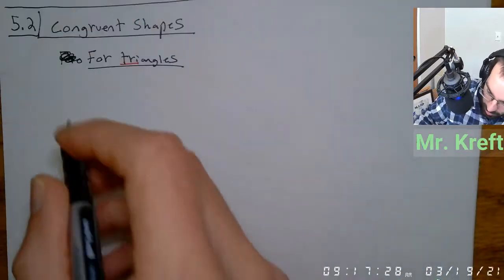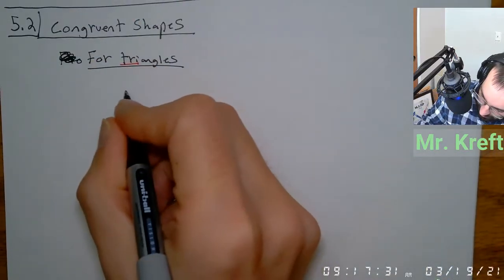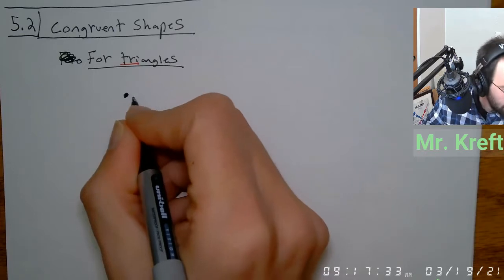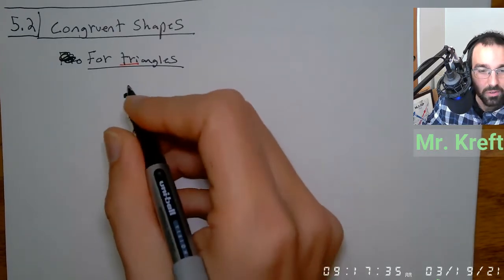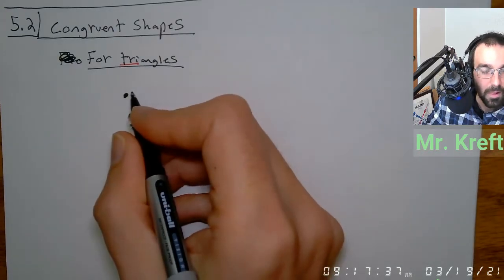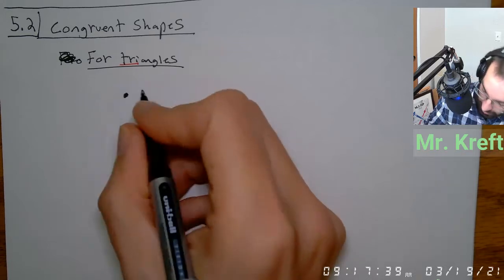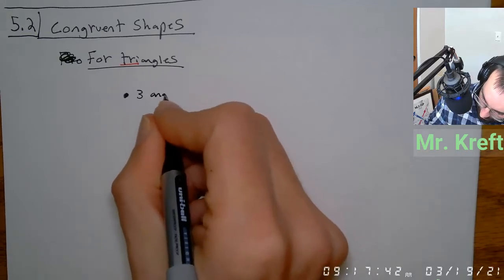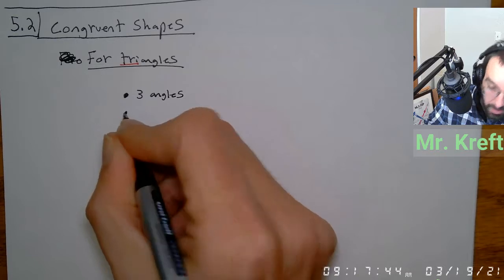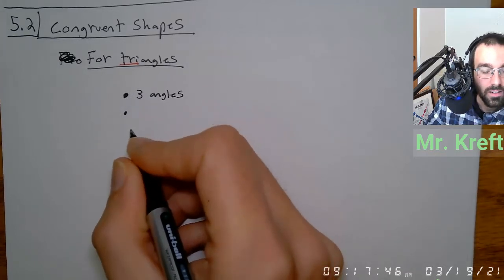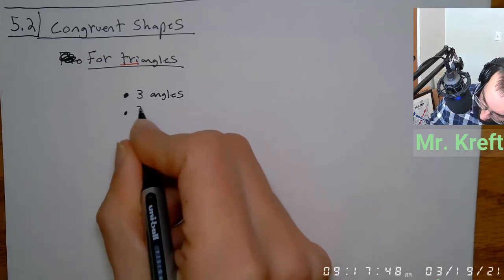So what if I broke this down, right? How many angles are there? Can you guys tell me how many angles there are? Oh, there's 3 angles. Okay. How many sides are there? Oh, okay.